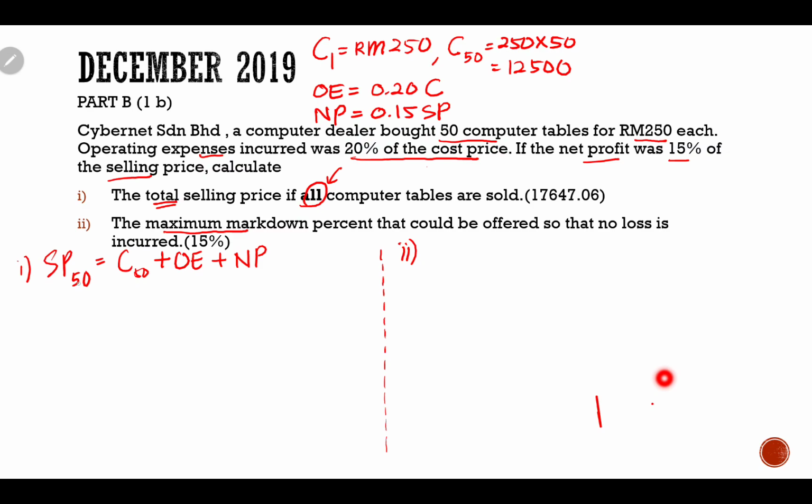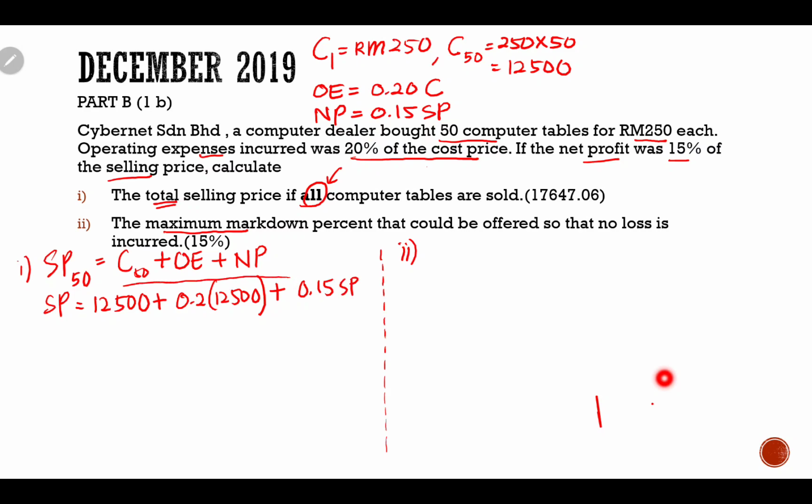So here you may write selling price equals the cost, which is 12,500 ringgit, plus the operating expenses, 0.2 of the cost times 12,500, plus the net profit of 0.15 multiplied by the selling price.